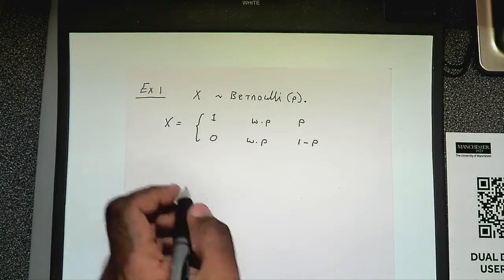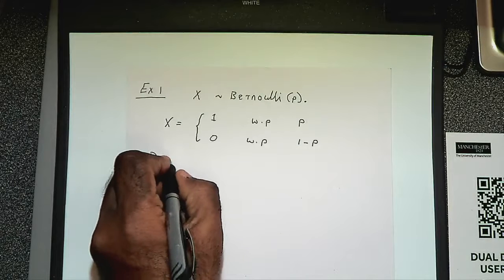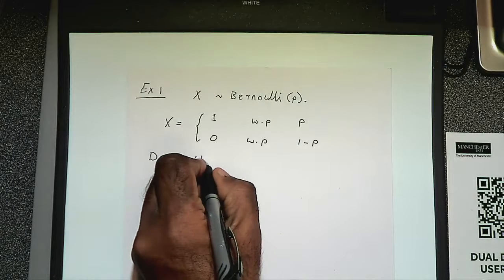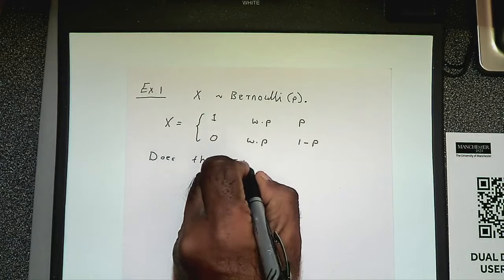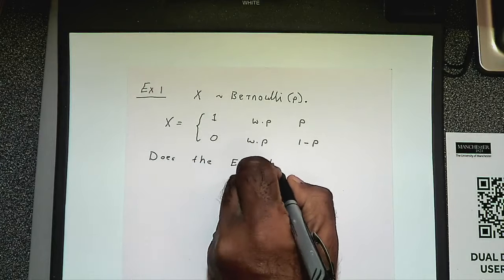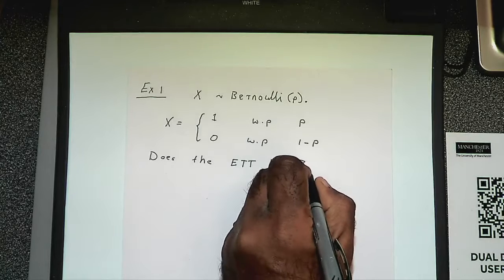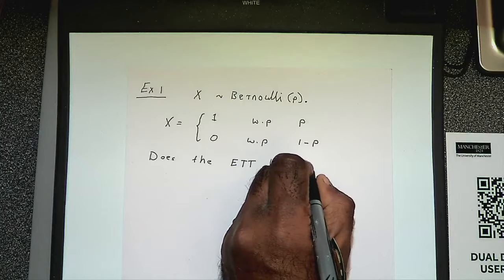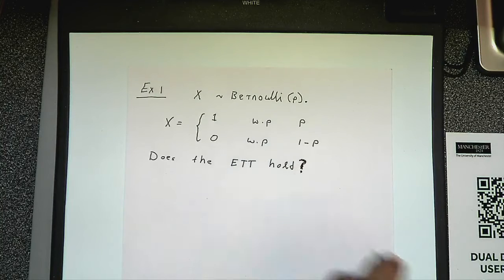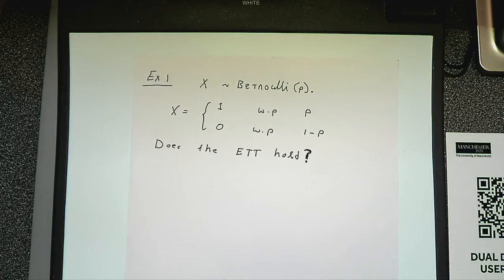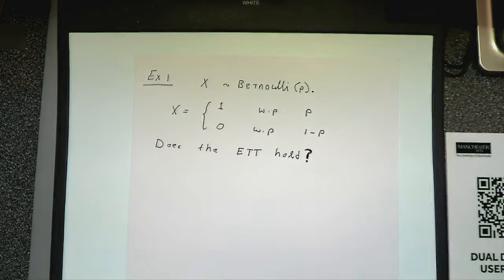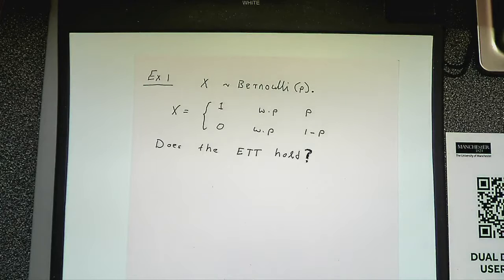Now the question is, does the extremal types theorem hold? You may recall just a few minutes ago I told you what to do in this case.